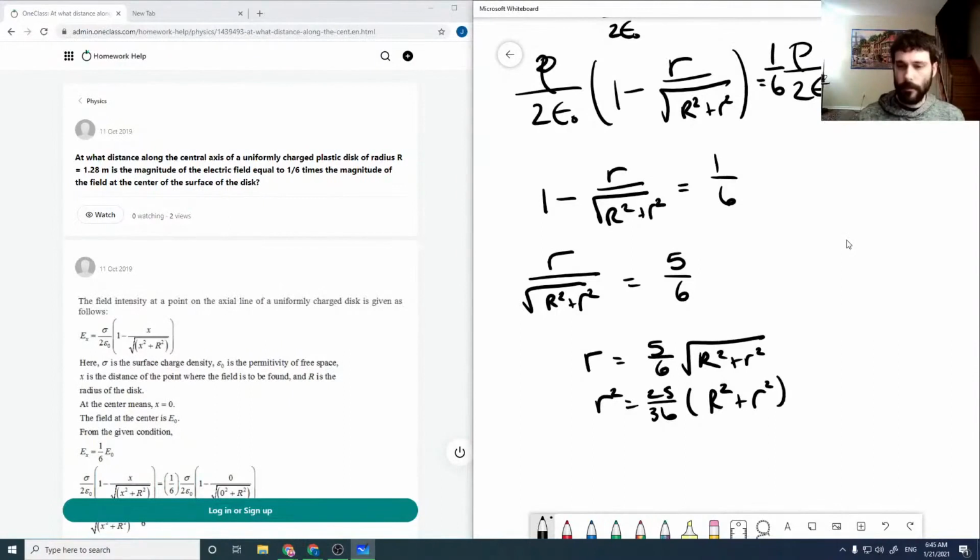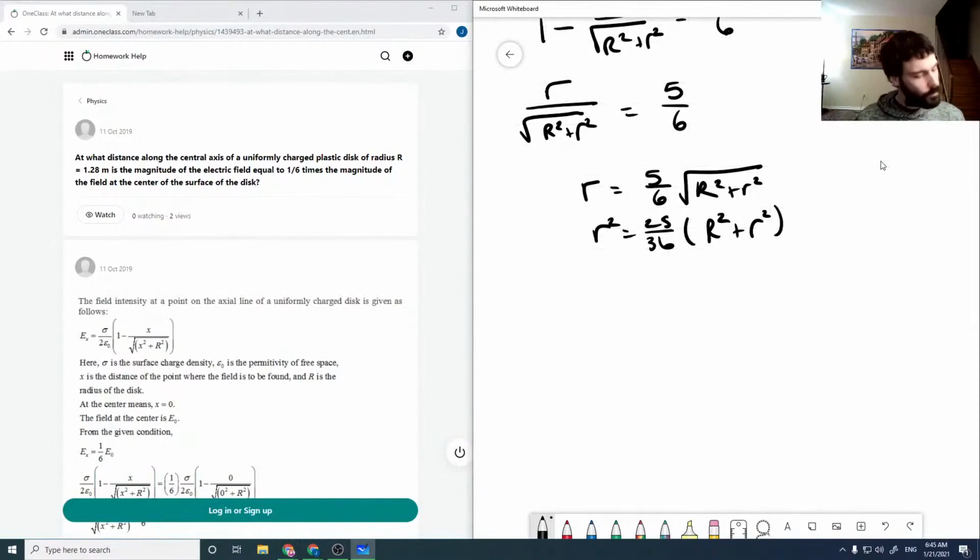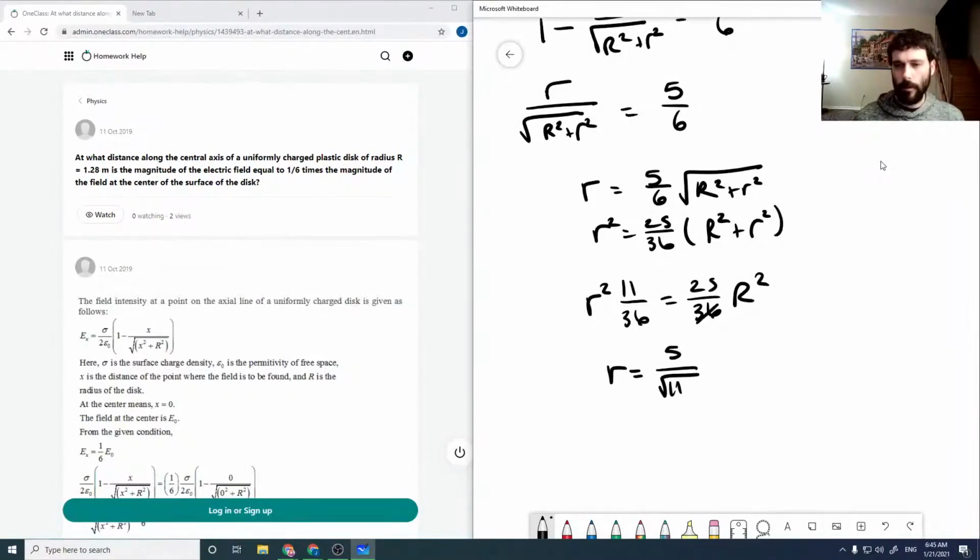And now rearranging for our r squared. So then we get r squared 11 over 36 equals 25 over 36 R squared, or r equals 5 over root 11, so rearranging here, R.